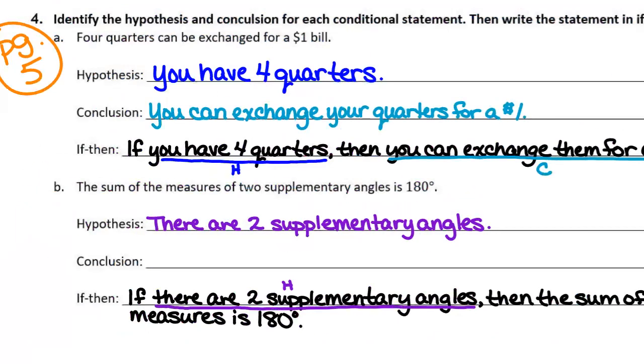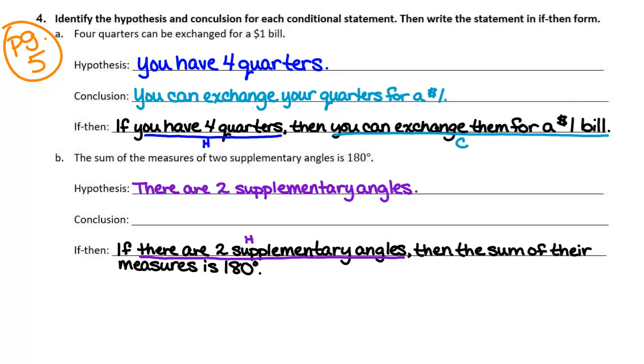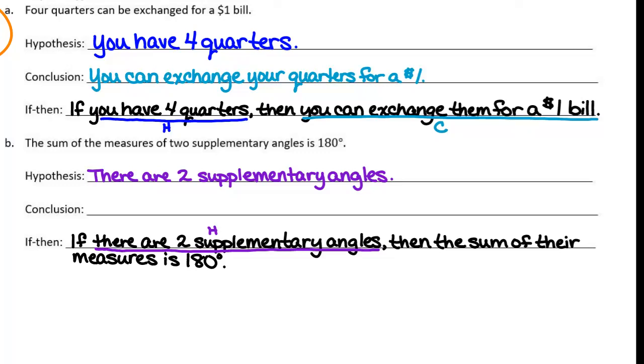Or two angles are supplementary. And now I need my conclusion. That comes after then. So what is my conclusion? The sum of their measures is 180 degrees.